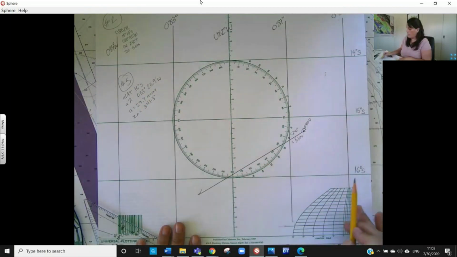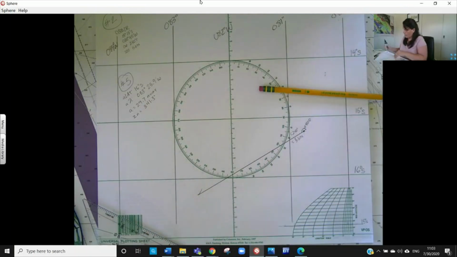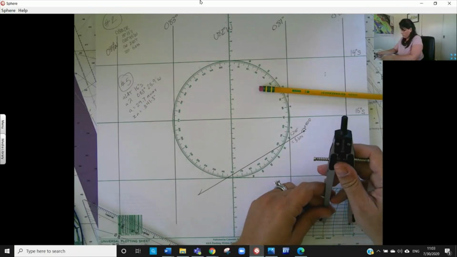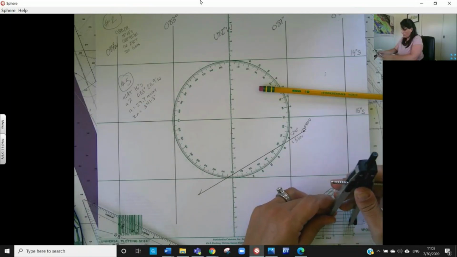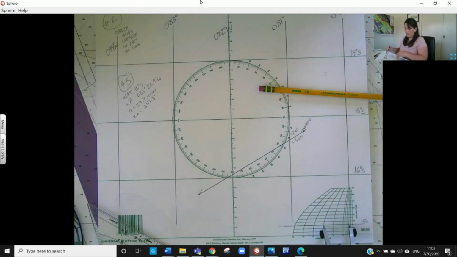I'm going to be on the 16 degrees south line, and then my assumed position is 083 degrees 25.9. So I need to find my 25.9. So almost 26. Right about there.